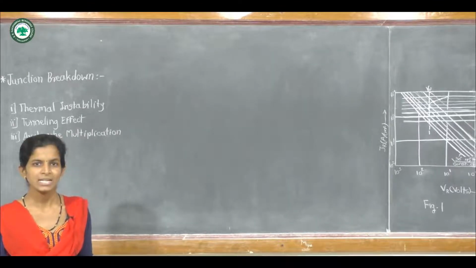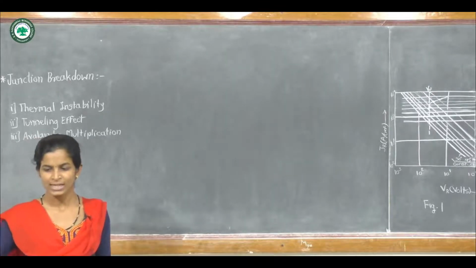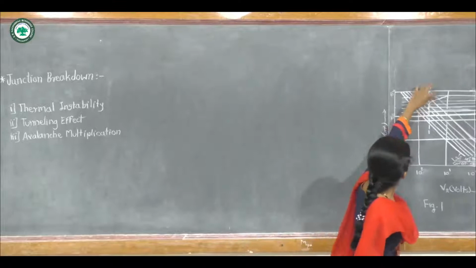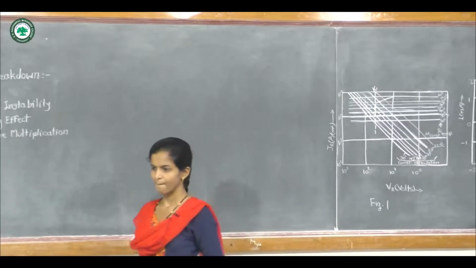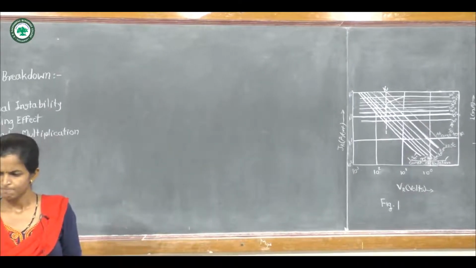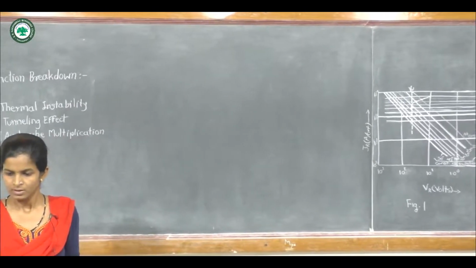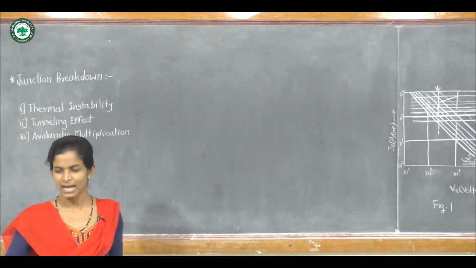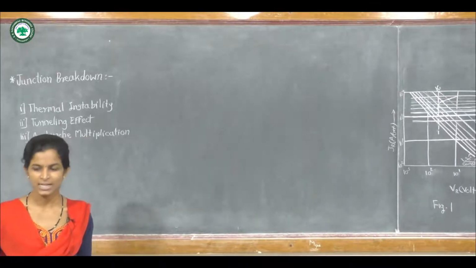The reverse current voltage characteristic of the junction is obtained by joining the intersection points of the curves, which gives the reverse current voltage characteristics. Because of heat dissipation at high reverse voltage, the characteristic shows a negative differential resistance.